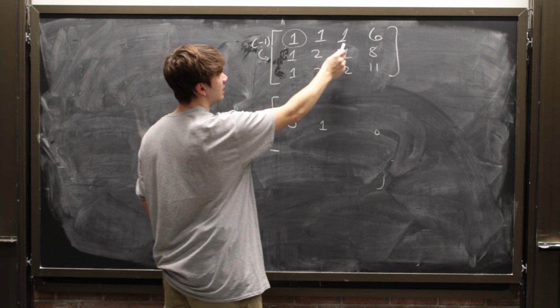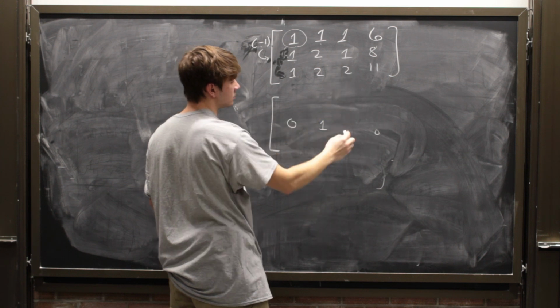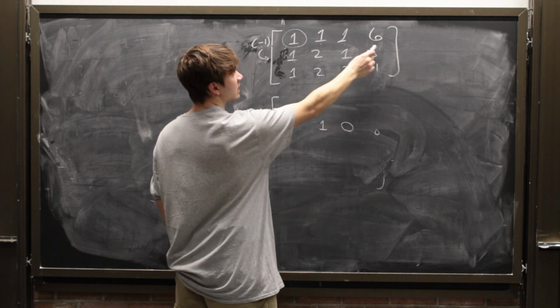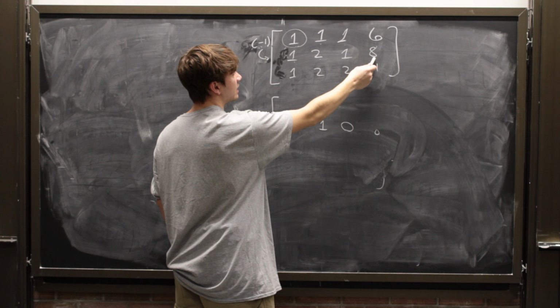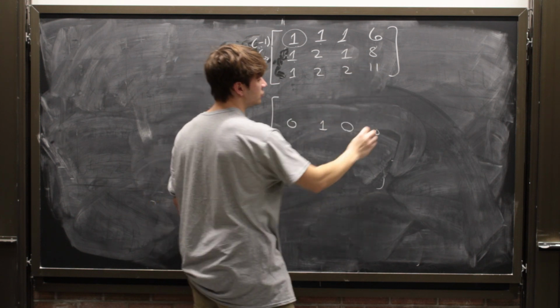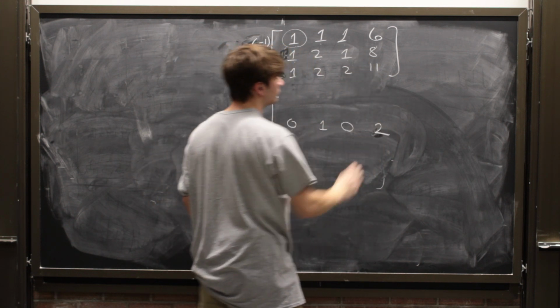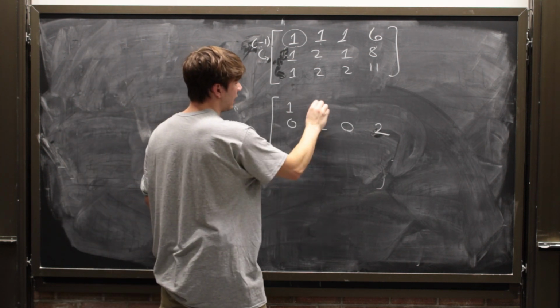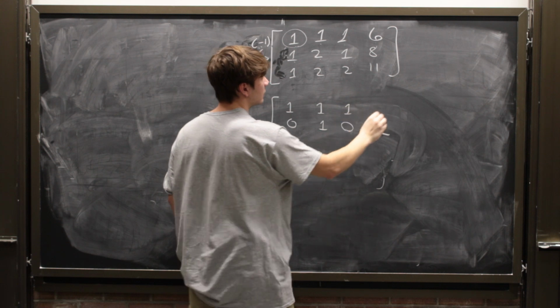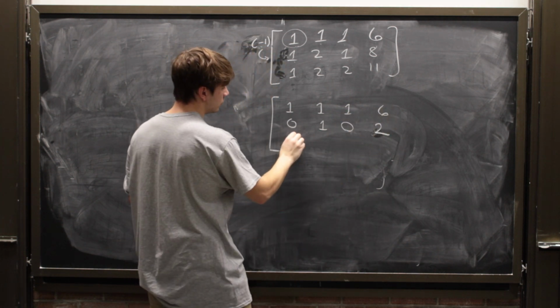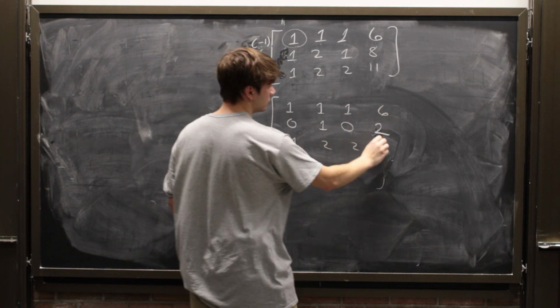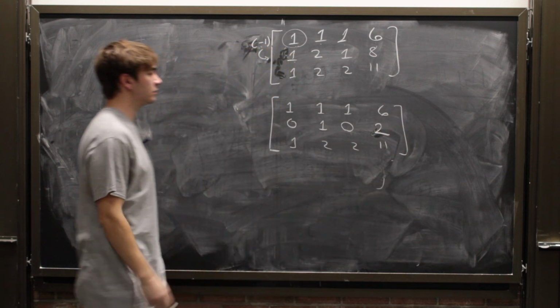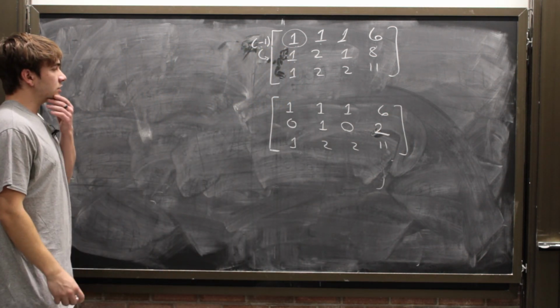And then -1 times 1 added into the 1 is 0. -1 times 6 is -6, added into the 8 is 2. Okay? And then everything else stays the same. 1, 2. All right, so that's kind of nice.